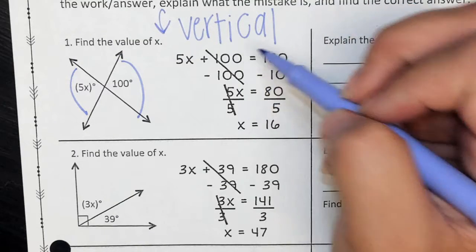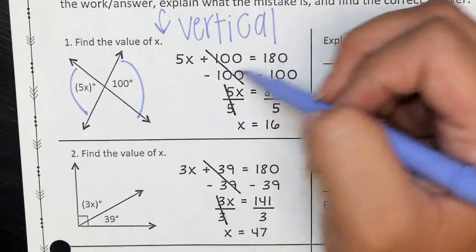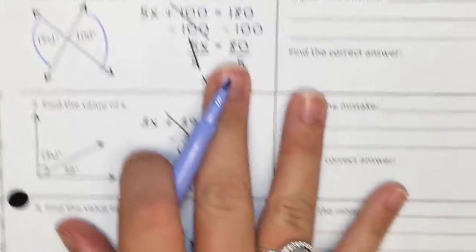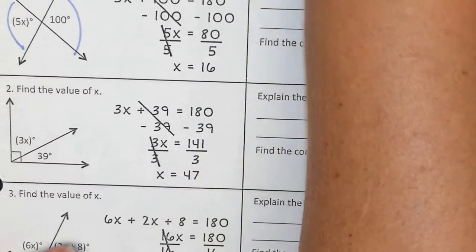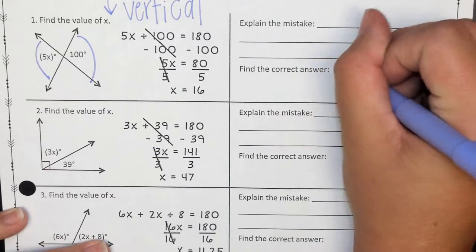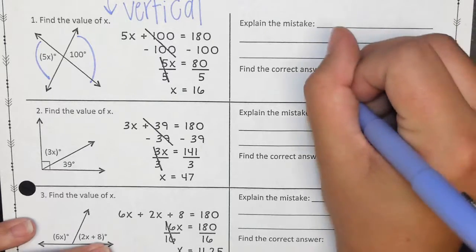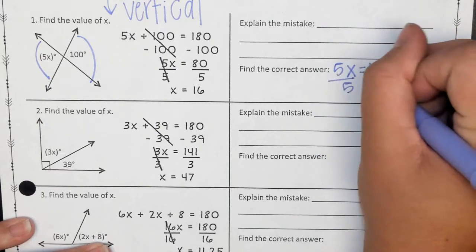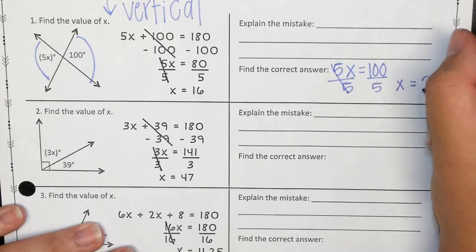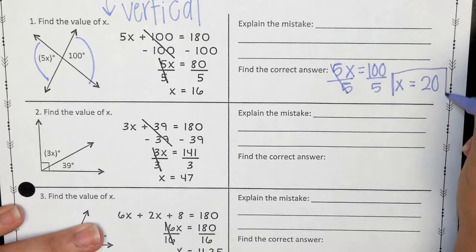Is that what they did? No. So who's wrong? Y'all or them? Them. They set it equal to 180. These are vertical. They're equal. So let's solve for x. 5x equals 100. So x is equal to what? 20. 100 divided by 5.